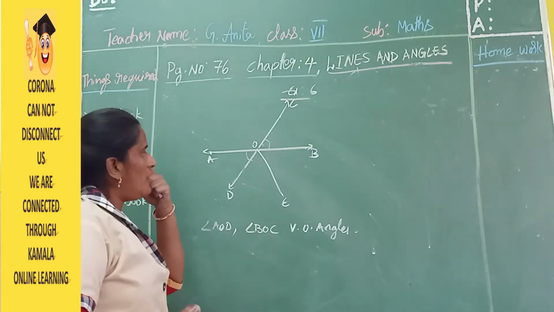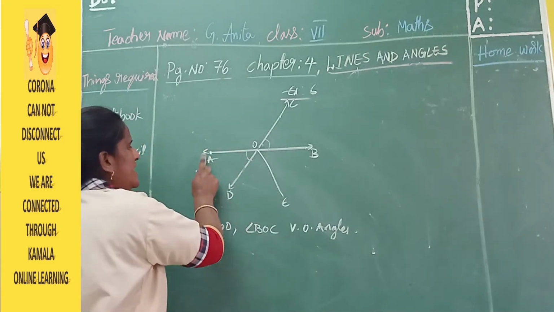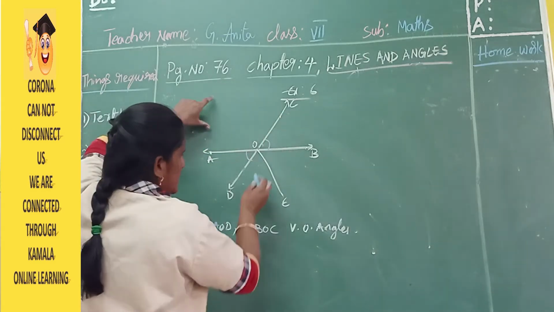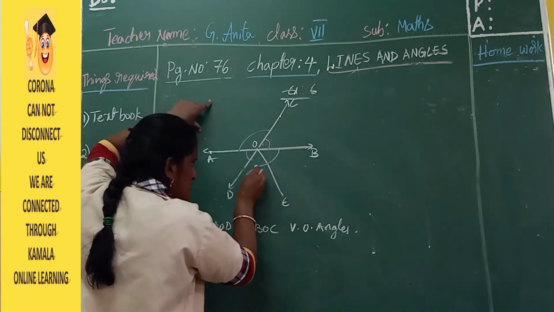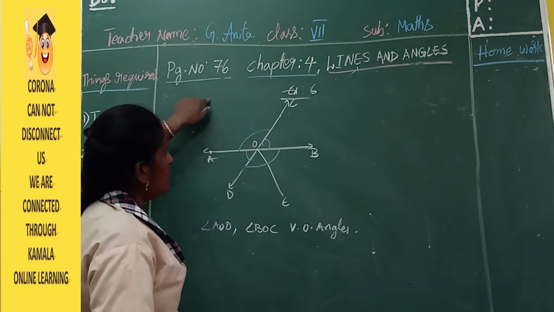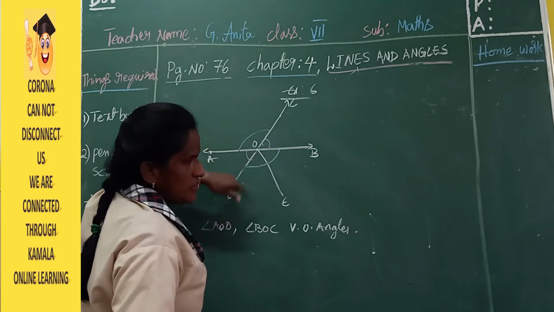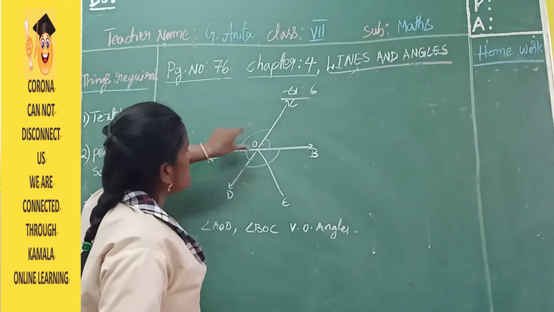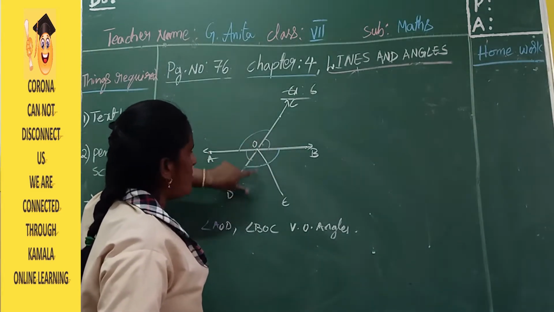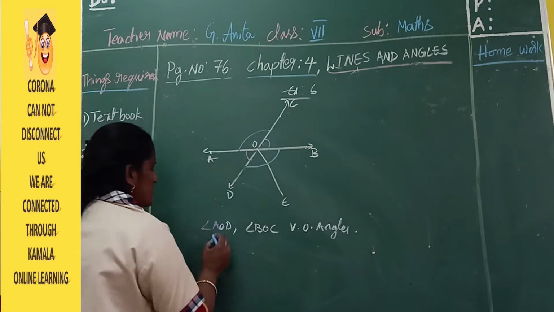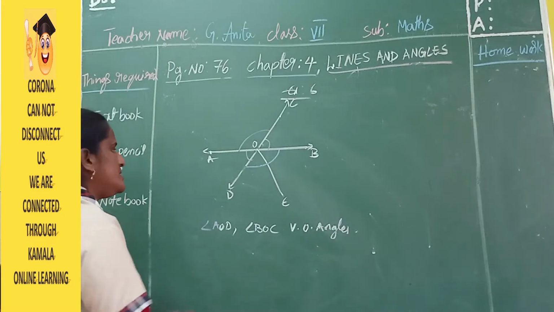So how can we find it? Observe in this figure. This total angle AOC is vertically opposite to this total angle. Yes or not? Because they both have a common vertex and they are opposite to each other. So that's why they both are vertically opposite angles.